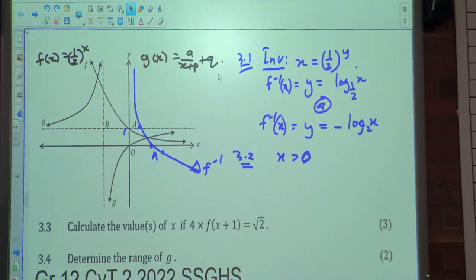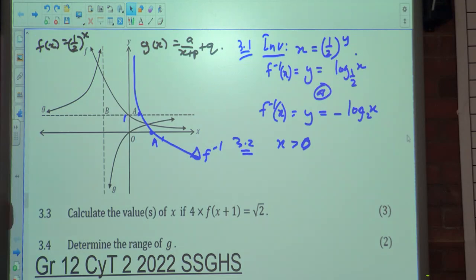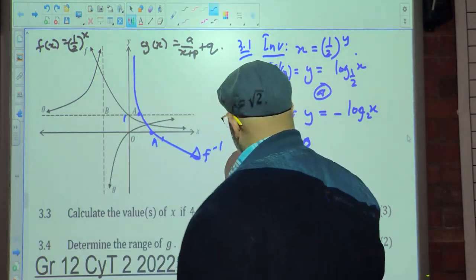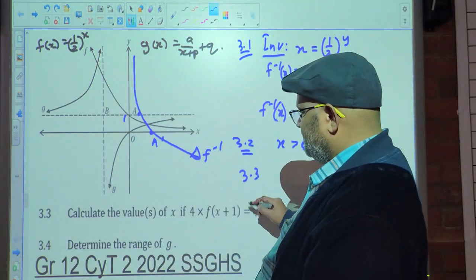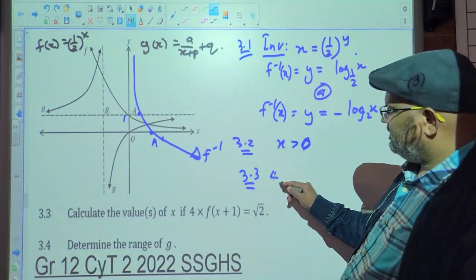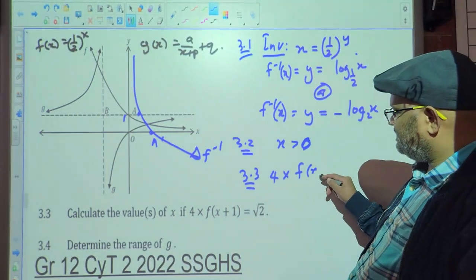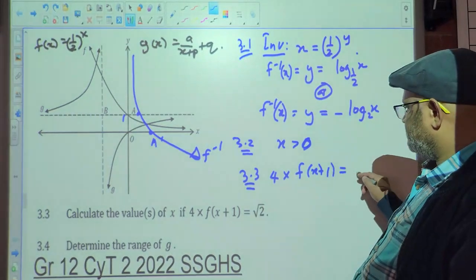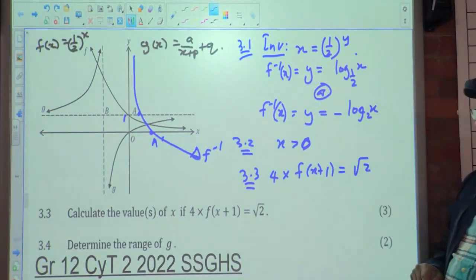We got 3.3. The question says, determine the value of x for 4 times f of x plus 1 is equal to the root of 2. Solve for x.